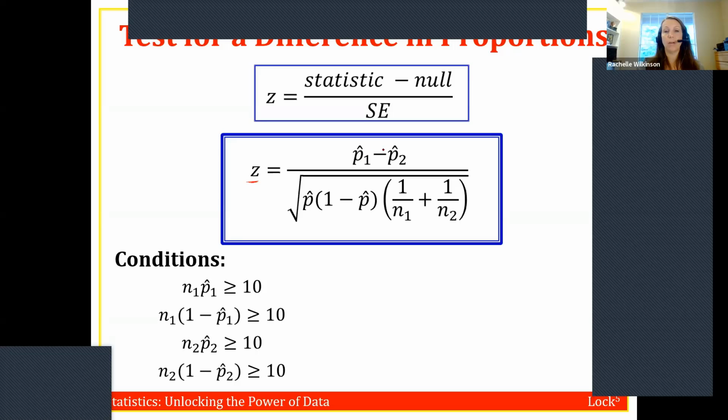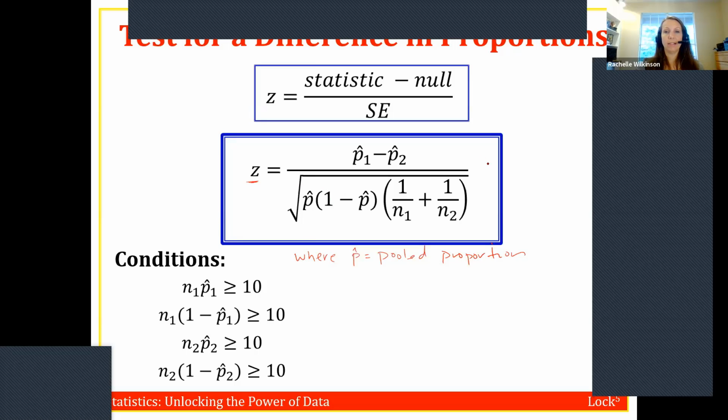We're going to have P hat 1 minus P hat 2 divided by the square root of P hat, which is the pooled proportion. I'll write that under here, where P hat equals pooled proportion. And somewhere around this formula, you might want to write out how we get the pooled proportion: the number of successes in both samples combined divided by the number of observations in both samples combined.